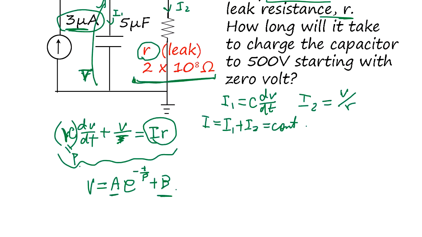So when t is 0, the exponential is going to be 1, so A plus B equals, well, t is 0, voltage is 0, right? And P is the typical so-called RC constant, the charging time factor.